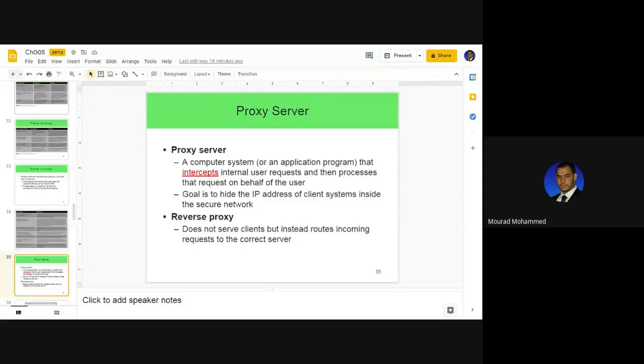The last point I'm going to stop at is the proxy server. Here we are talking still about filtering, but it's not a scenario of filtering to allow or not. Here we are making a camouflage. We are hiding the original identity from being exposed to the external environment.